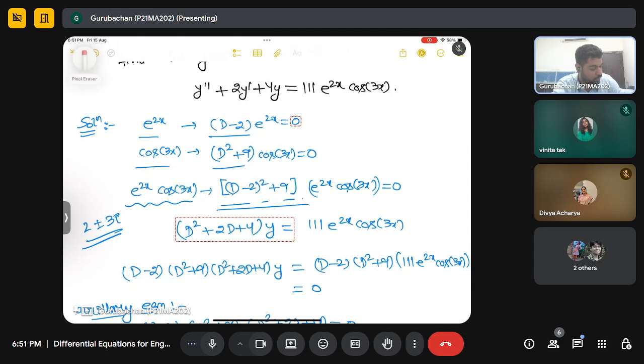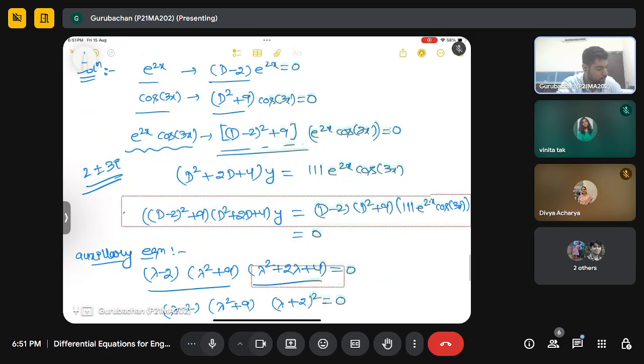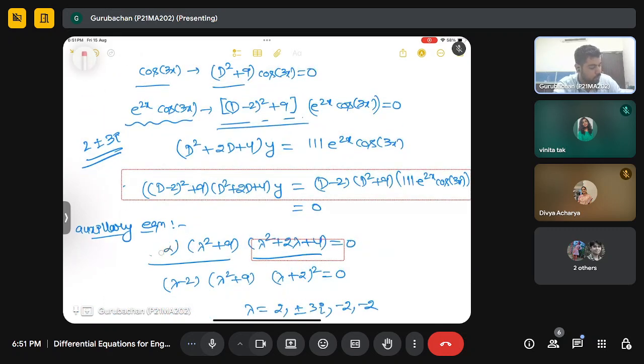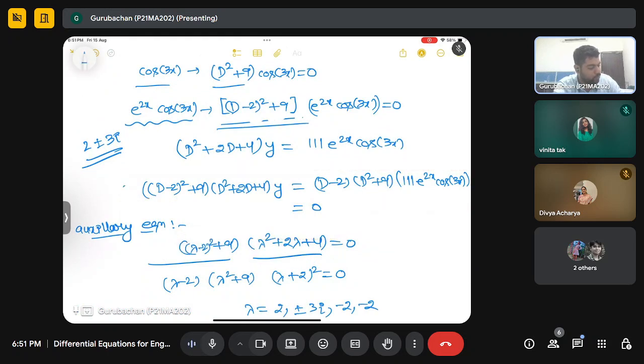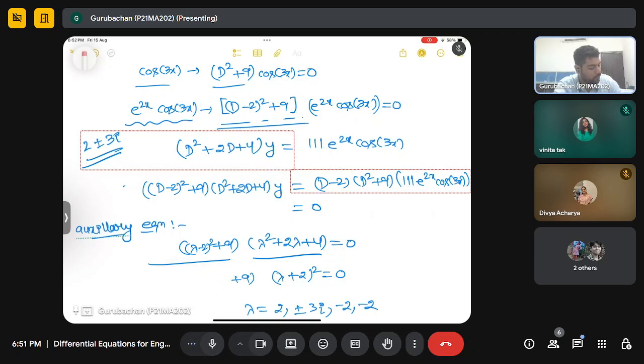So let me correct this one. It will be (D minus 2) whole square plus 9. So again this will be (lambda minus 2) whole square plus 9.